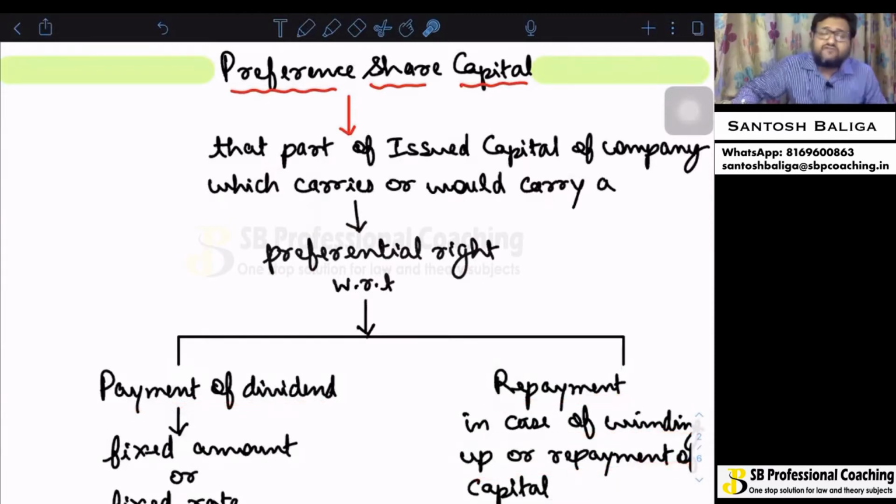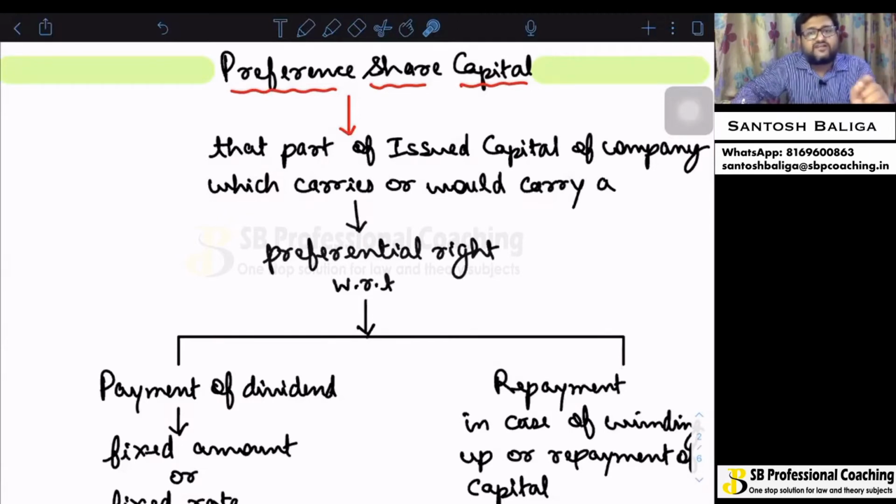Now, whenever we speak about payment of dividend, there will be a fixed payment of dividend made to the preference share capital. This is decided at the time of the issue of the preference share capital itself. You would have seen in your accounting questions that the question would say 10% preference share capital or 8% preference share capital.